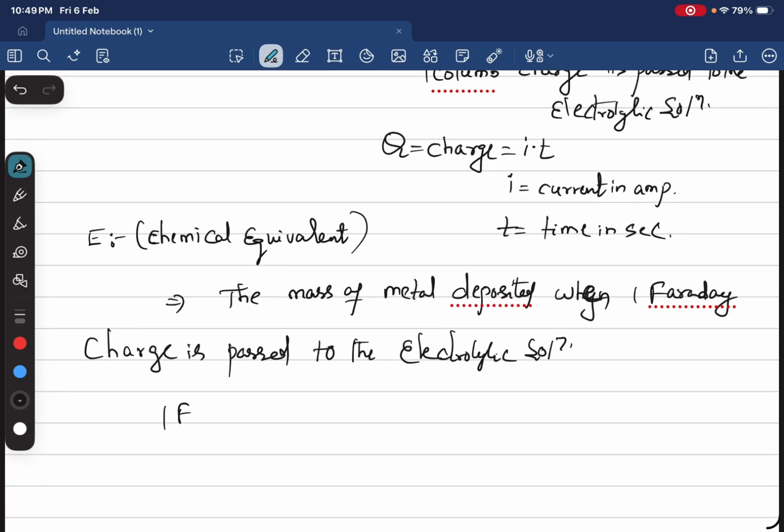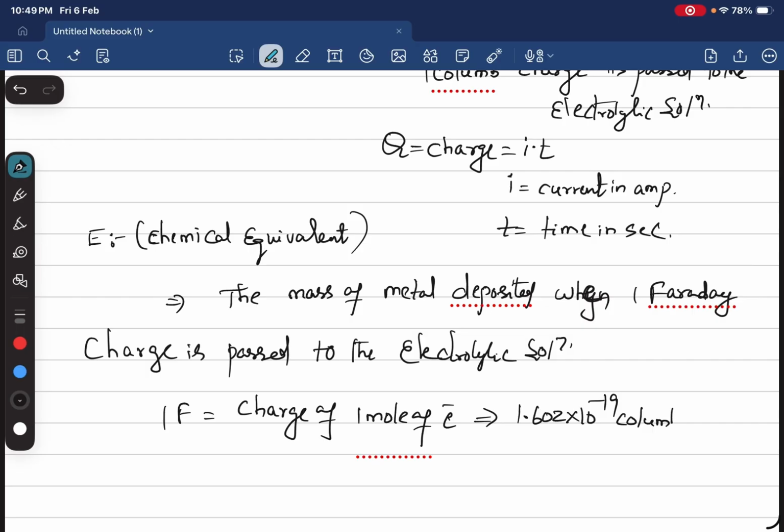So what is 1 Faraday charge? Charge of 1 mole of electrons. The charge of 1 electron is 1.602 into 10 power minus 19 coulombs, and the number of electrons in 1 mole is Avogadro number, 6.023 into 10 power 23.